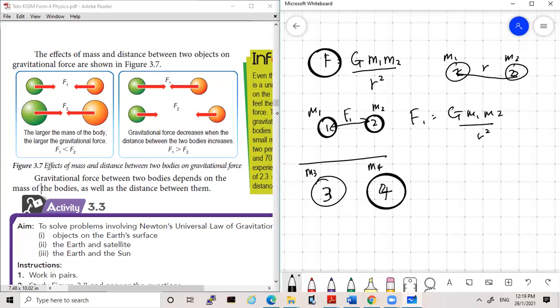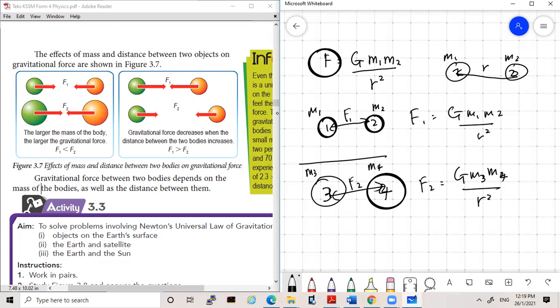That will produce gravitational force F2. So F2 equals G times M3 times M4 divided by R squared.